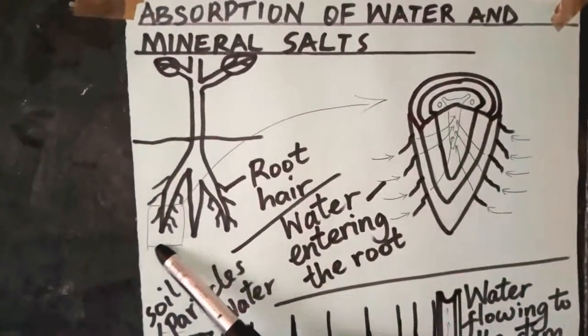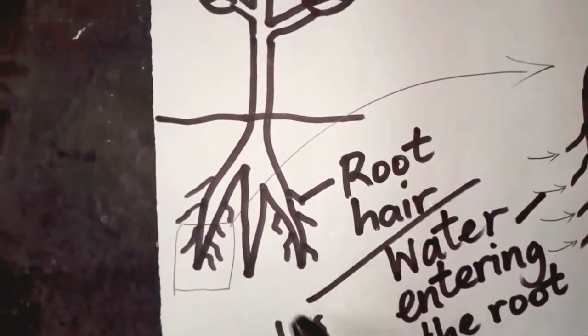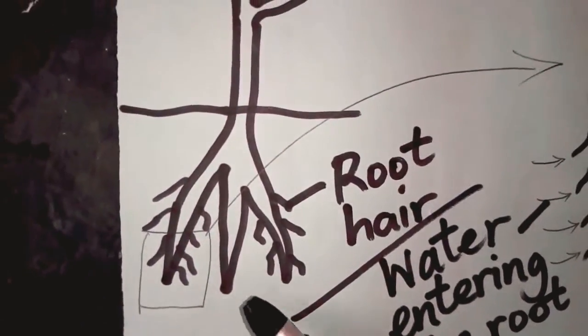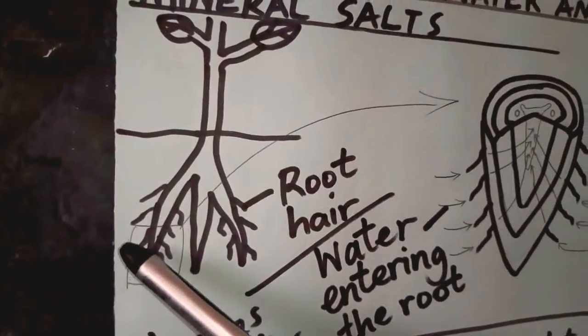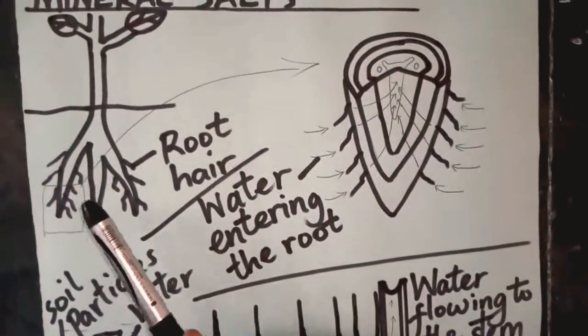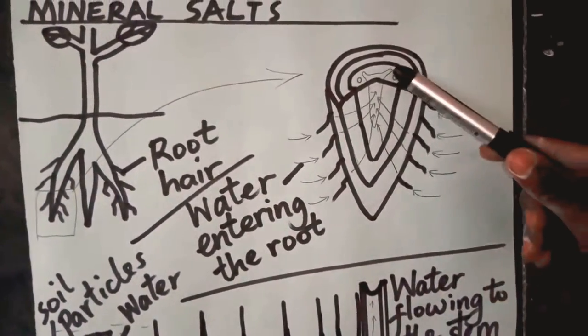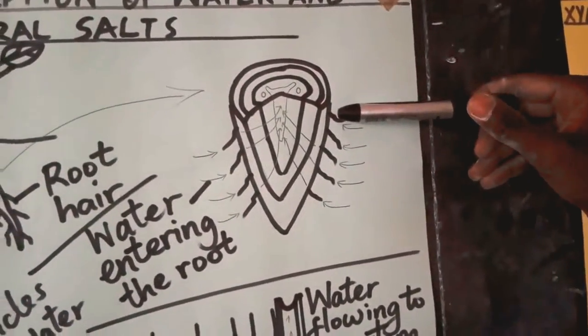There is a certain part that I have just circled here, as you can see, so as to make us concentrate only on this part. If this part was cut in a transverse section, then a small part is chopped out of it. This is how it would look.